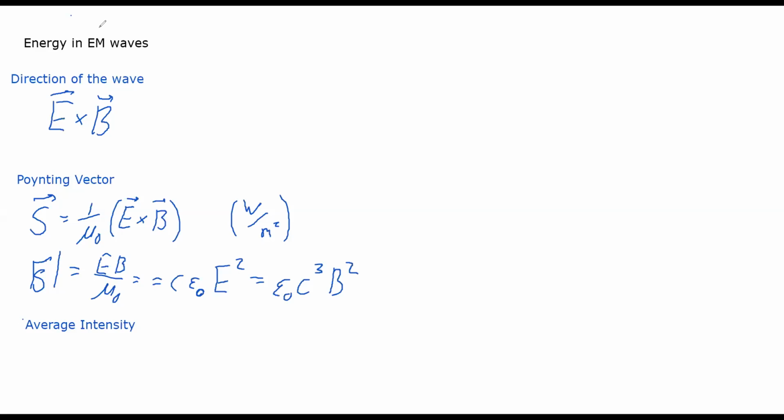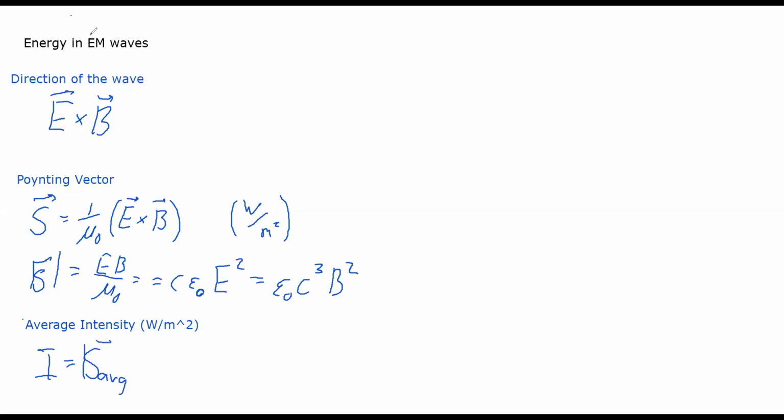What do I mean by intensity? Intensity is in watts per meter squared. That's what I had earlier. That's known as intensity. So the intensity, I, is just going to be my average Poynting vector.